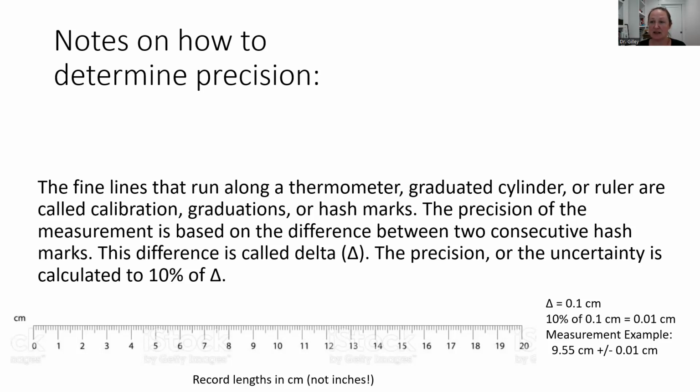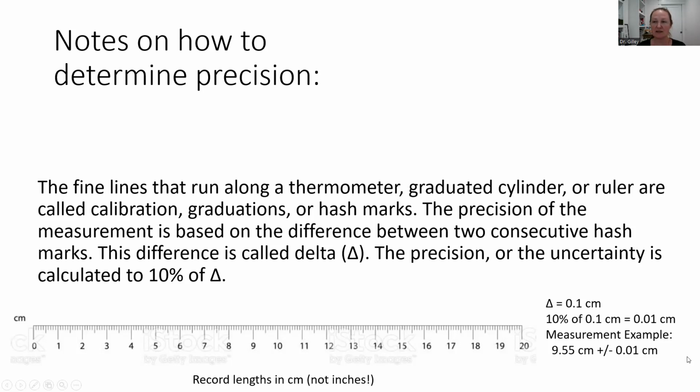And that uncertain number is still considered a significant number, so we include it with our significant figures. Because our eye can roughly break apart the space between those hash marks into 10 equal pieces, and we say it's about 9.55 centimeters, for example, we have that uncertainty in that last number. It's typically about plus or minus 0.01 centimeters.